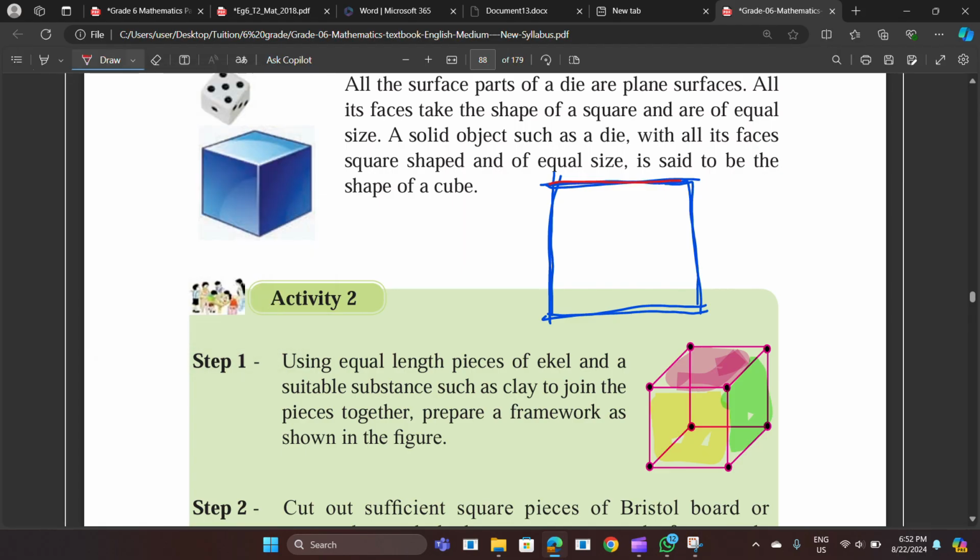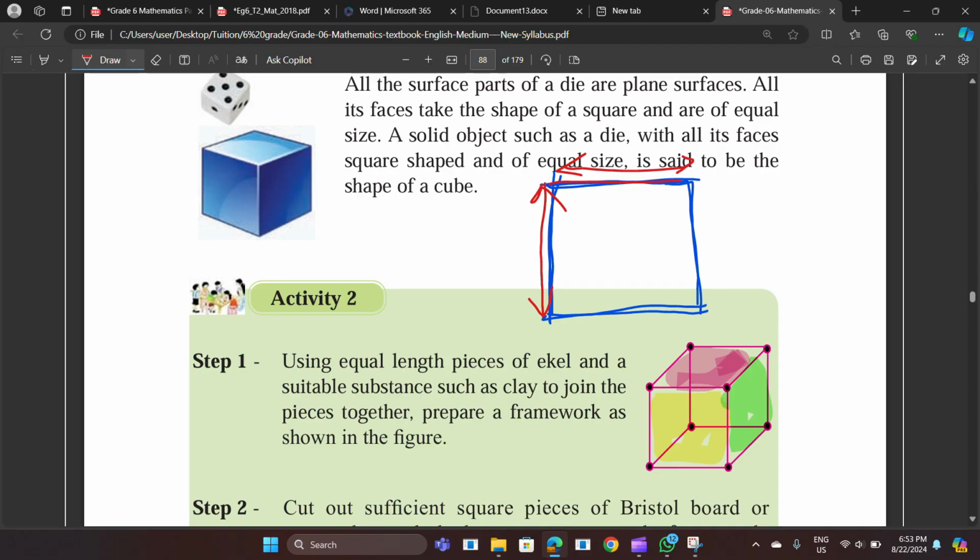This is the length, and this is the width. The length and width of the shape are equal in size. In a cube there are 6 such square faces, and it is in one point.